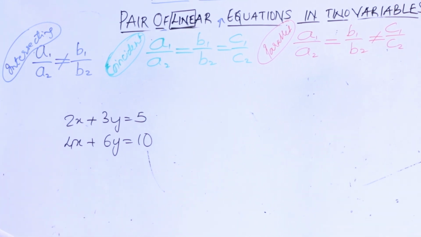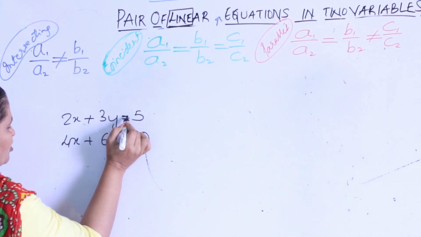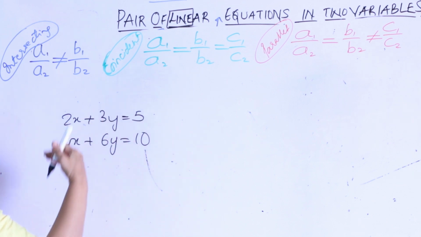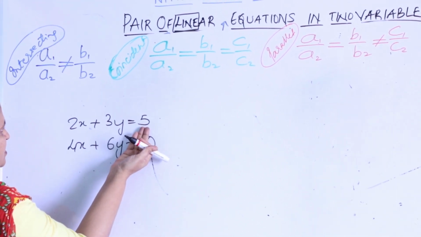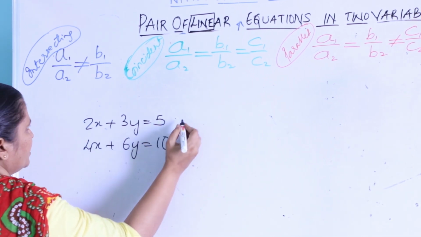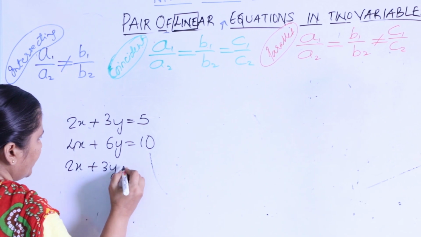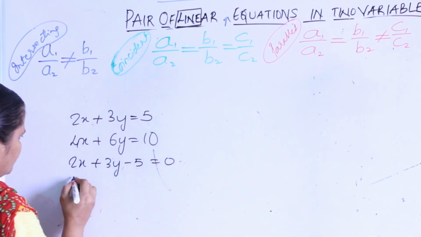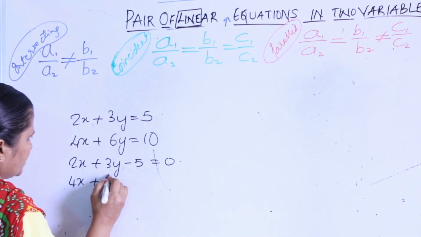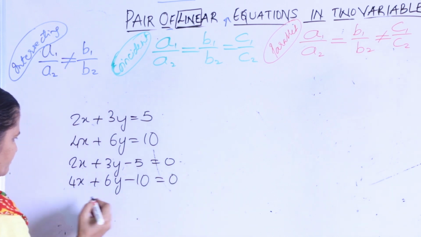Similarly, we write for the other equation also. As I told you before, all the three terms must be on the left hand side. But here, the third term is on the RHS, so we will transpose it to the LHS and rewrite this equation: 2x plus 3y minus 5 equals 0, and 4x plus 6y minus 10 equals 0.